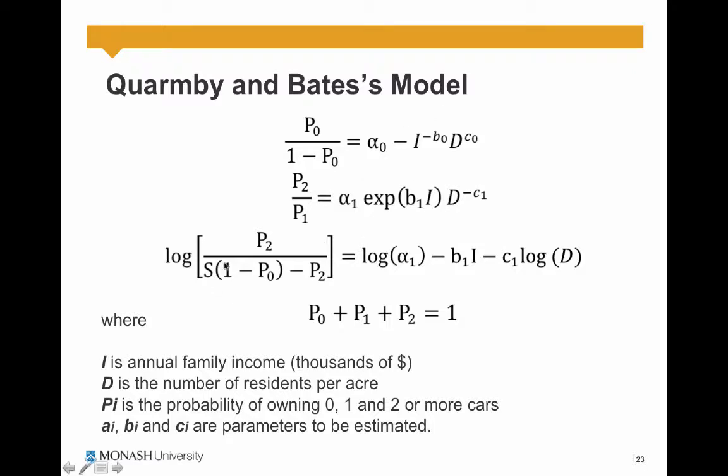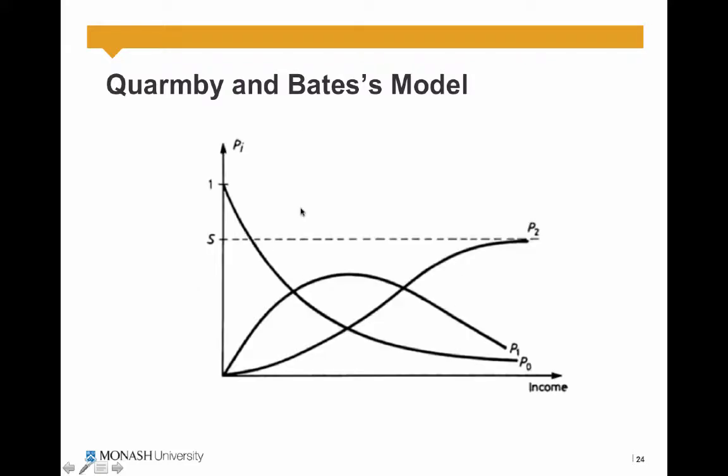So let's talk about the probability of 1 car, 0 car, and 2 car, and how this term, s multiplied by 1 minus p1 minus p2, is equal to p1. To better understand these equations, here we have a visual illustration of p0, p1, and p2, where we represent them as curves as a function of income.